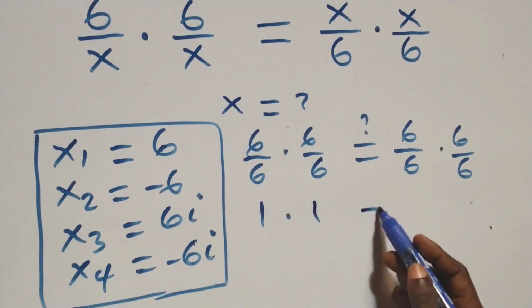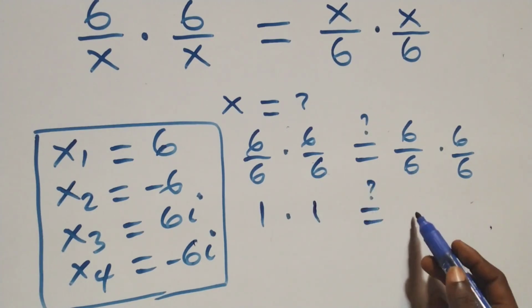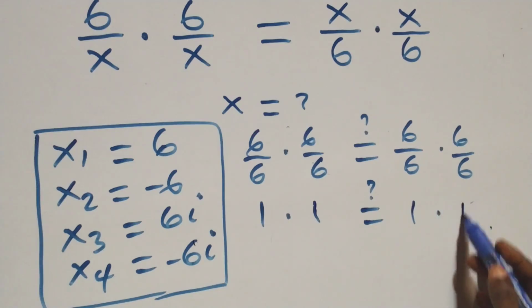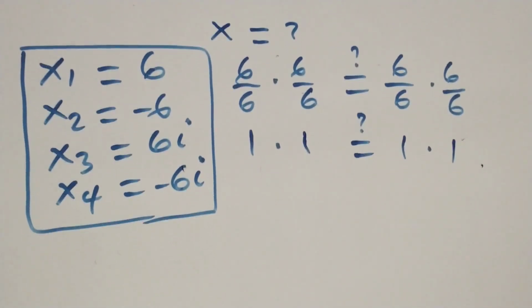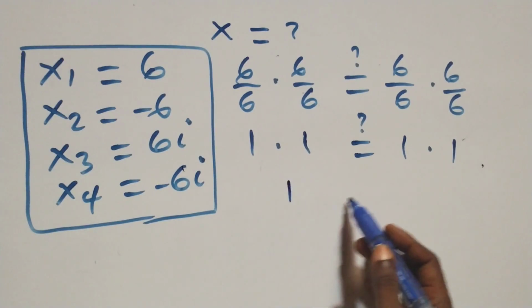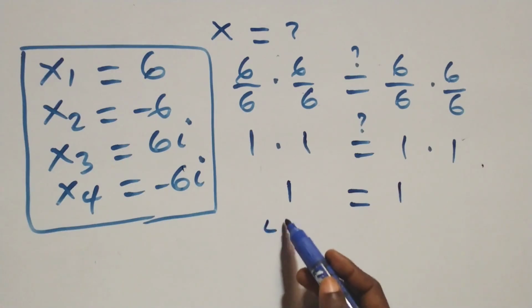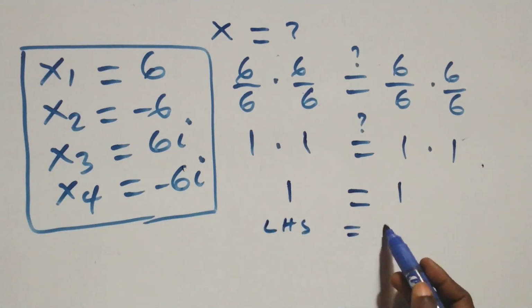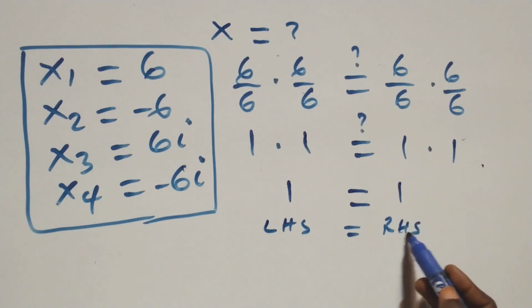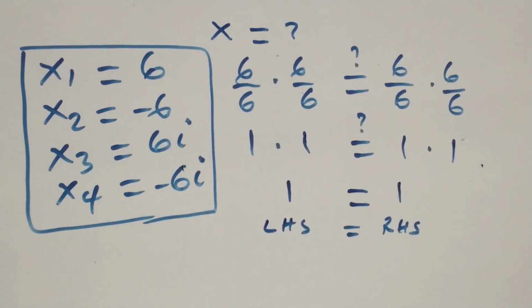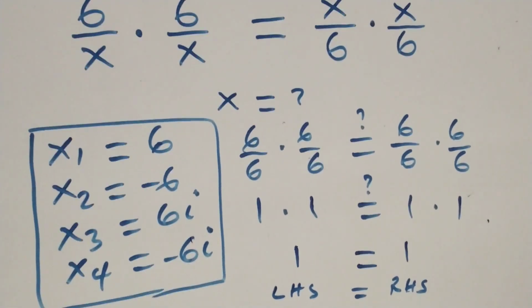Is equal to this side as well, 6 over 6, that's 1, then times 1. And 1 times 1 here is the same thing as 1, which is equal to 1 times 1 here, also 1. Then the left hand side equals the right hand side. And hence, x equals 6 satisfies this given problem.